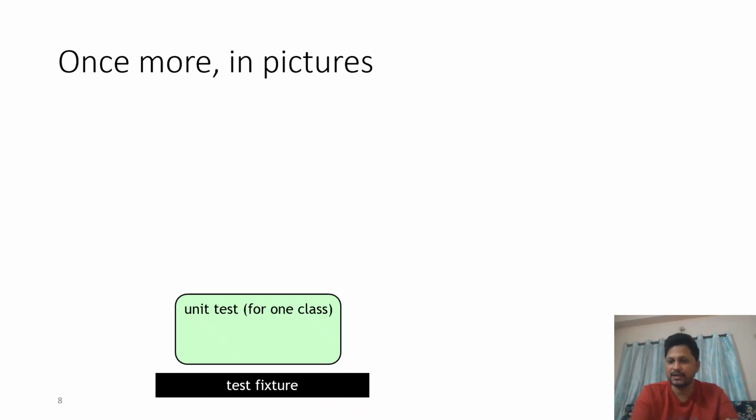For one class, for example, if I want to implement the login functionality, the login controller is the class, and I would like to have a test fixture which includes all the services and DAOs. That one class is called the unit test, which I would like to write. And a test case is for a method: in the test class, each method you write is called a test case.